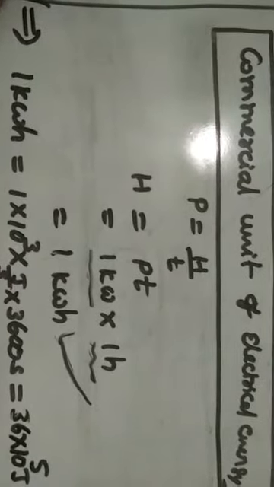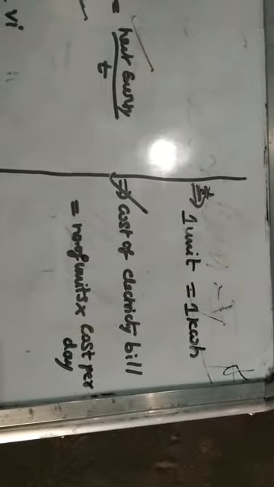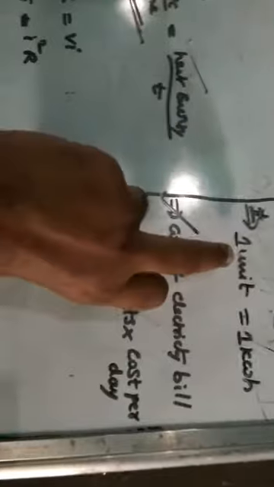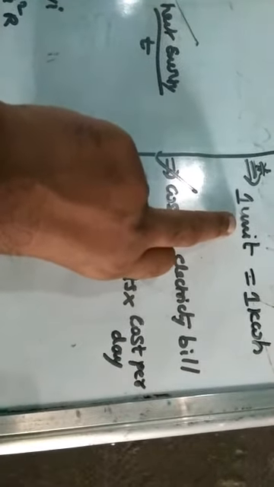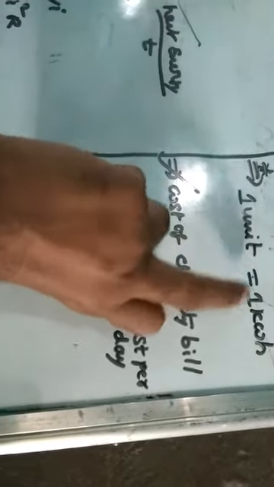Okay. Now see this very important point. While solving numerical questions, there is one concept: how to measure the electricity bill in our houses. 1 unit of electric energy is nothing but 1 kilowatt hour.